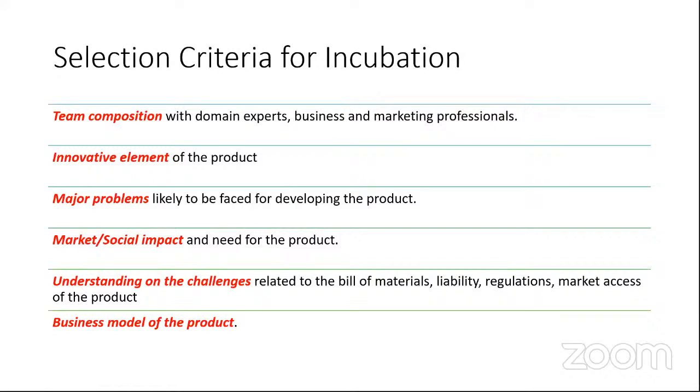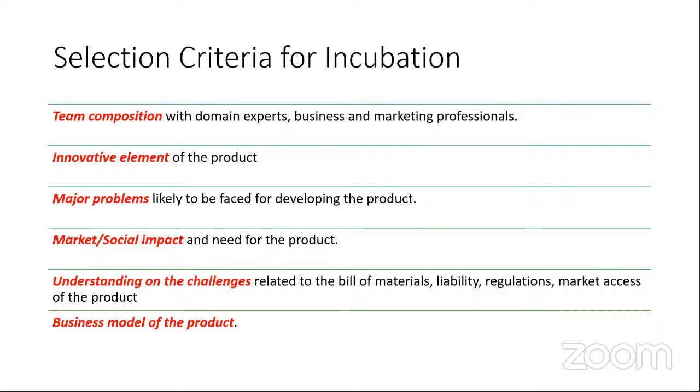So the selection criteria may be simplified in this form. First, whether the team composition is correct or not. That team should be composed of domain experts, business and marketing professionals, and also technical experts, and so on. This requirement that the team is optimum is very, very important, because once you start with a team, every crucial point becomes important.